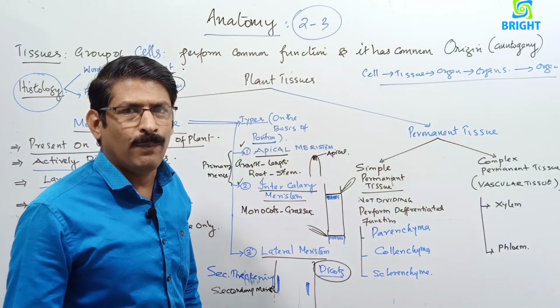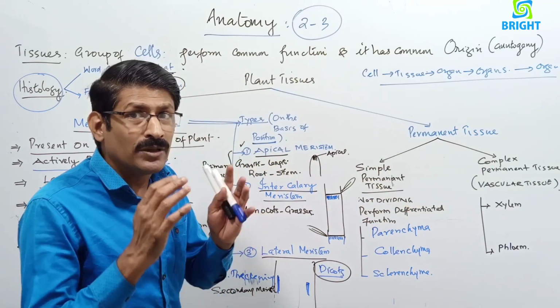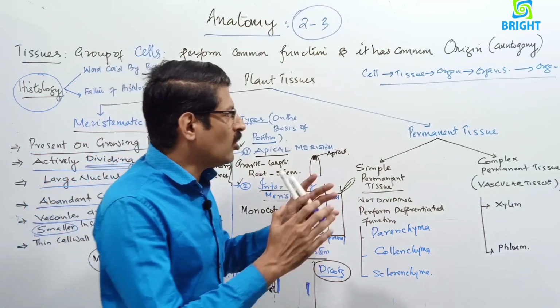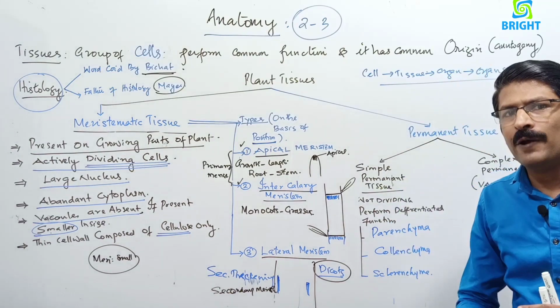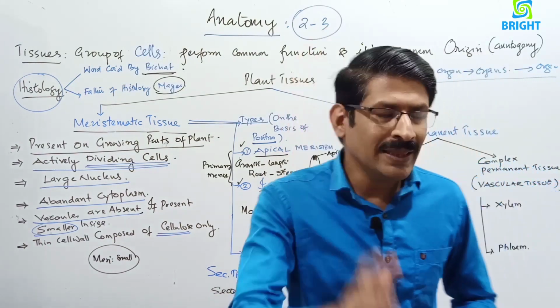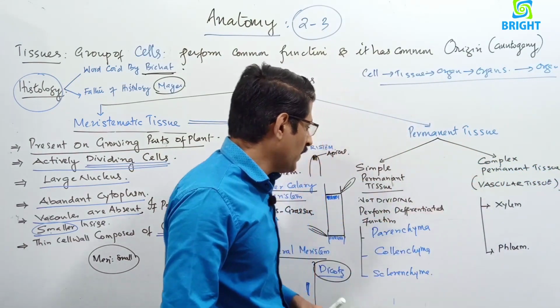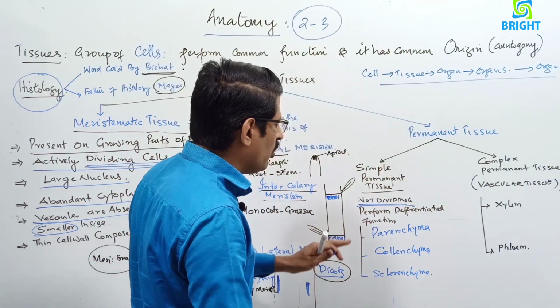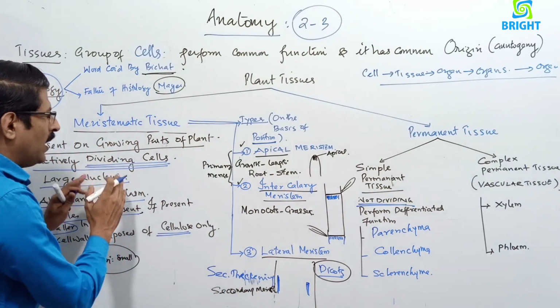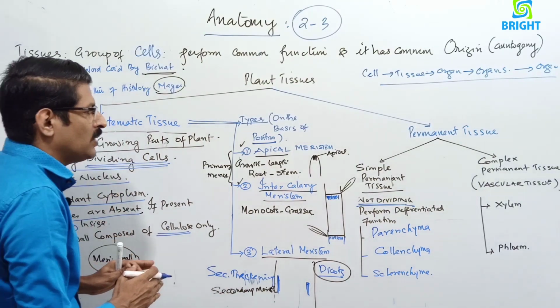Simple permanent tissue is composed of similar types of cells. All the cells are of the same type. But complex permanent tissue is composed of different types of cells that perform a common function. These are not dividing cells. Division capacity is lost, and dividing cells in plants are present only in the meristematic part.